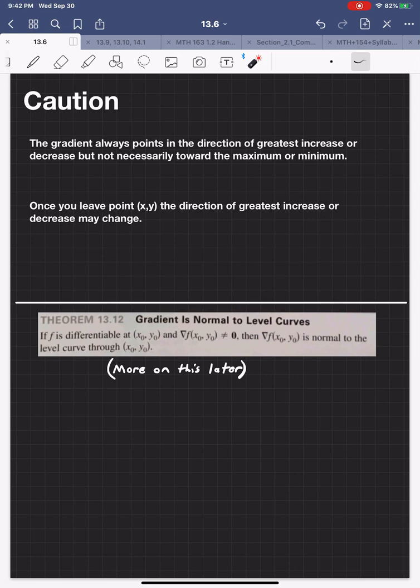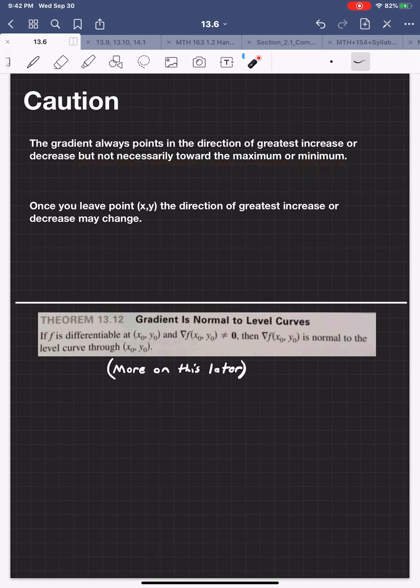But I need to give you some words of caution here. Let me read, and let's see if you can understand what I'm trying to convey. Yes, the gradient always points in the direction of the greatest increase or decrease. But that doesn't mean the gradient necessarily points towards the max or the minimum value.